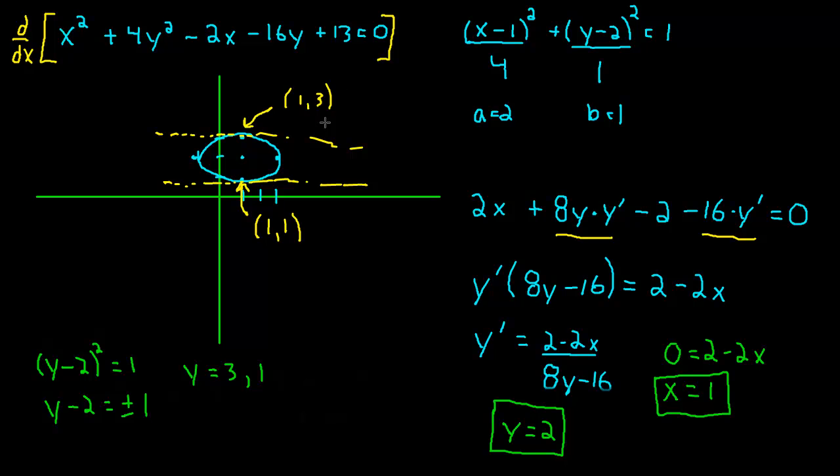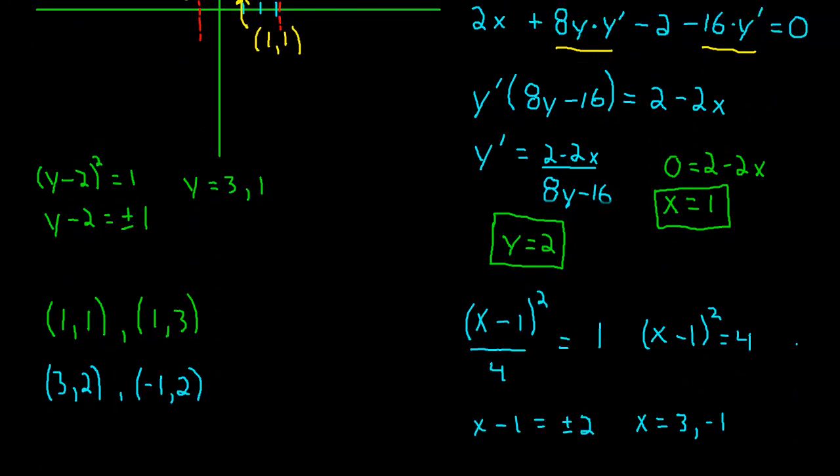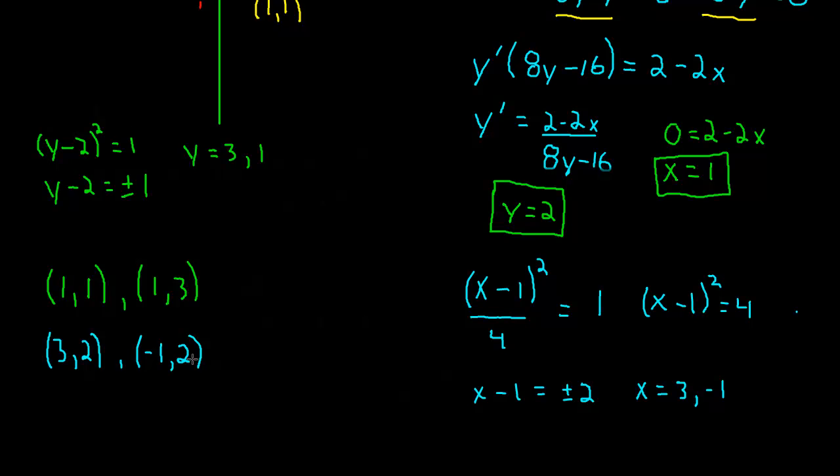Clearly 1, 3 was our max and 1, 1 is our minimum. But look at this. We have two other critical points, and you'll notice that your derivative is undefined there. That's an undefined slope, and that actually came up in our analysis. So we have these vertical tangent lines that occur at 3, 2 and at negative 1, 2.